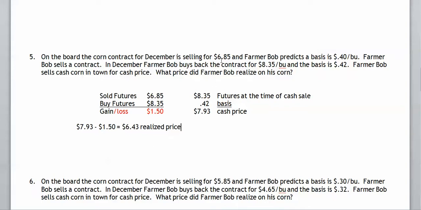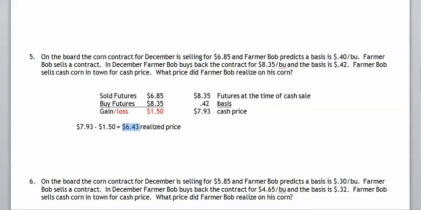By the way, a way to do this even quicker is you take your initial selling price of $6.85 minus your ending basis. $6.85 minus 42 cents is $6.43, which is exactly what we realized. So you take your initial sale price minus your ending basis, and that will get you your realized price.